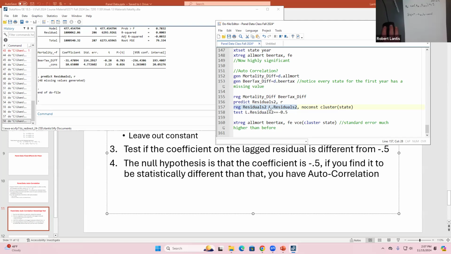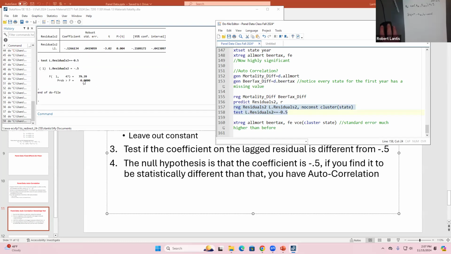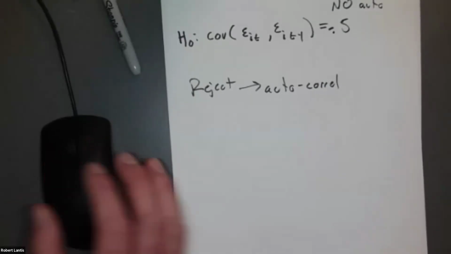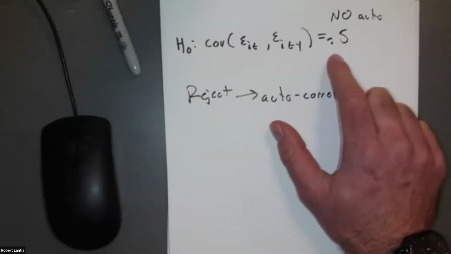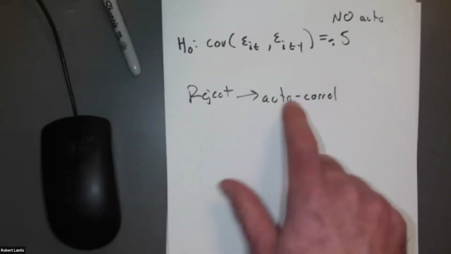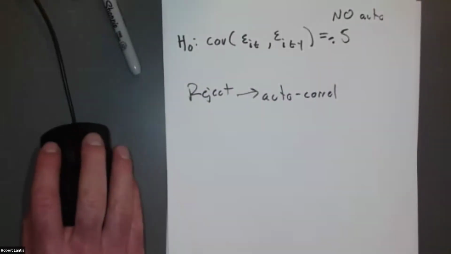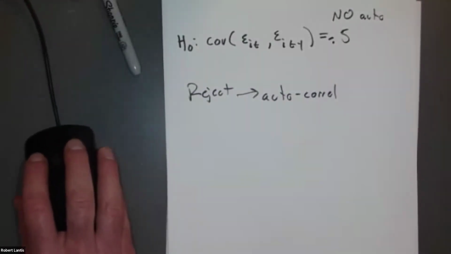I'm then going to test whether the coefficient on that lagged residual is equal to negative 0.5. Well, I've got a p-value of 0, so once again, I can strongly reject this null. I found that there is a covariance between these residuals that is not negative 0.5. So if I can reject, I found strong evidence that there is autocorrelation.